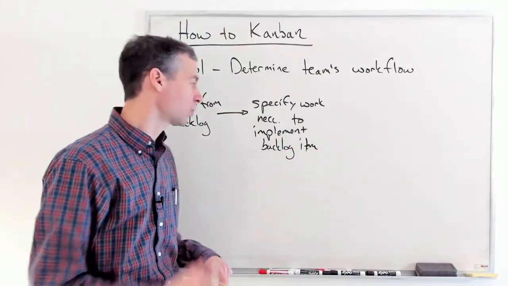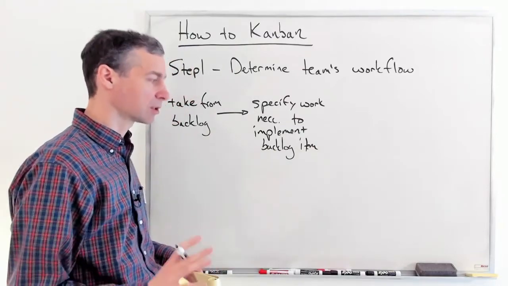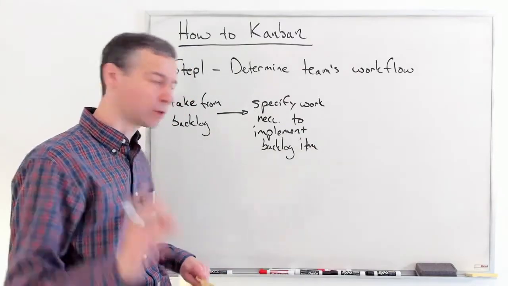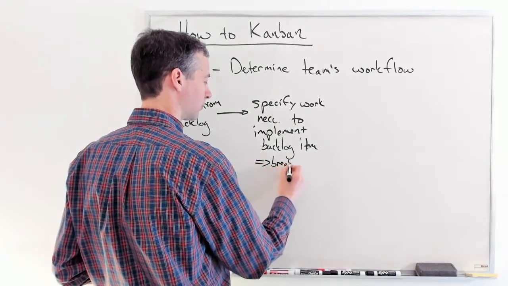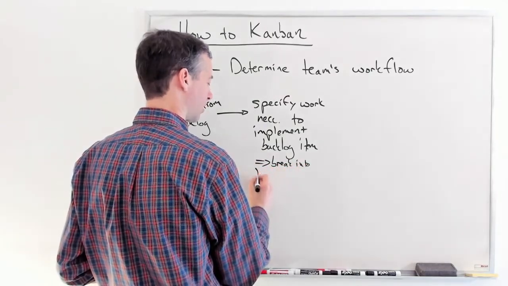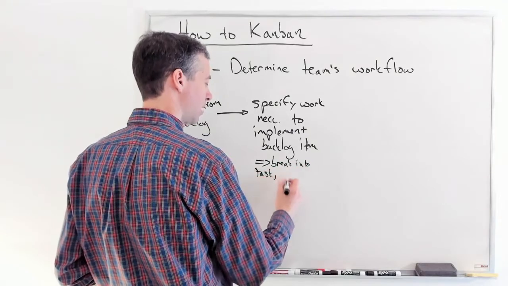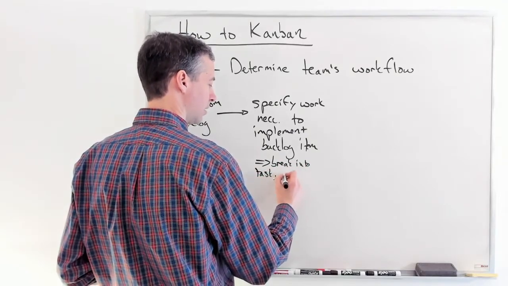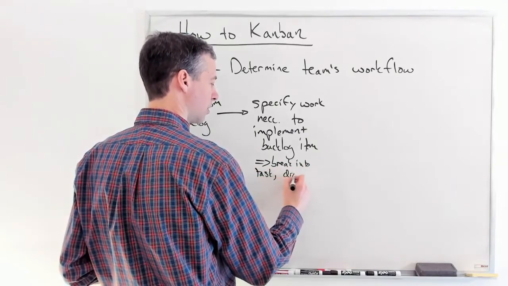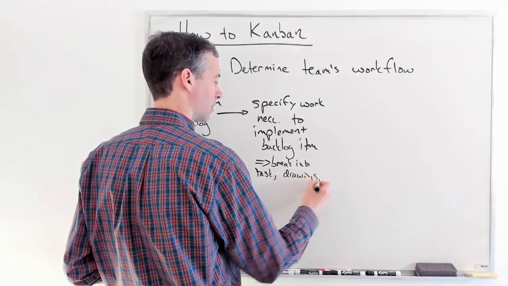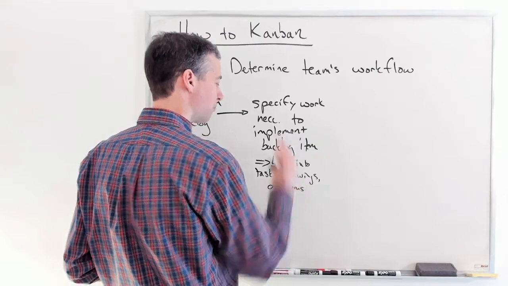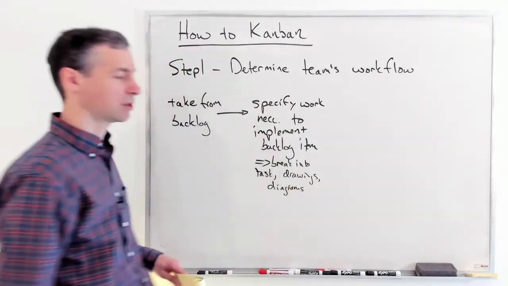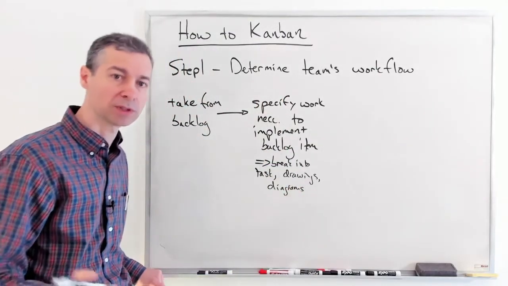So what is all of that work that we're going to do? So this is break into tasks. Tasks, this is drawings, diagrams, all sorts of stuff. This is where we spend our time figuring out how they're going to build it.